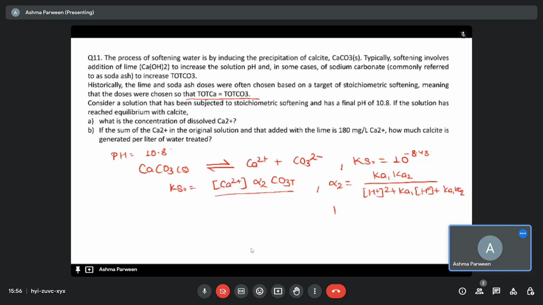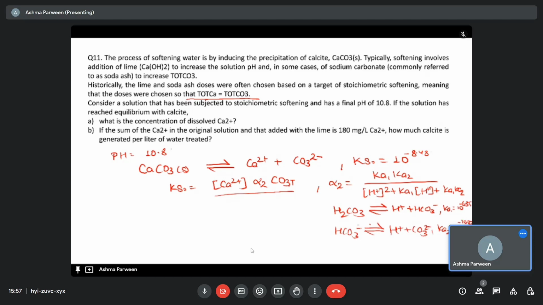We know that H2CO3 dissociates as H+ and HCO3-, and Ka1 is 10 raised to minus 6.35. And again this HCO3- dissociates as H+ and CO3 2-, and Ka2 is 10 raised to minus 10.33.